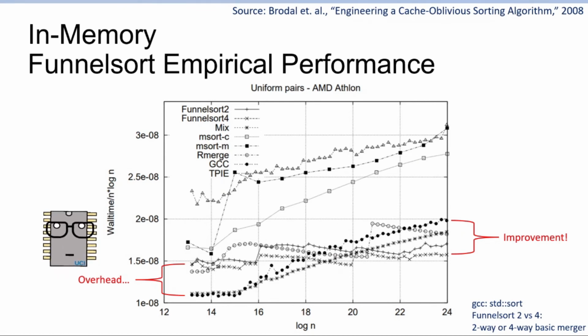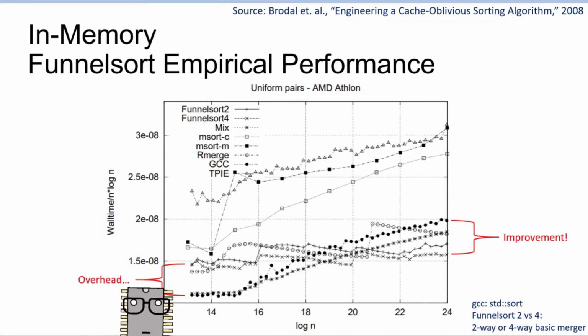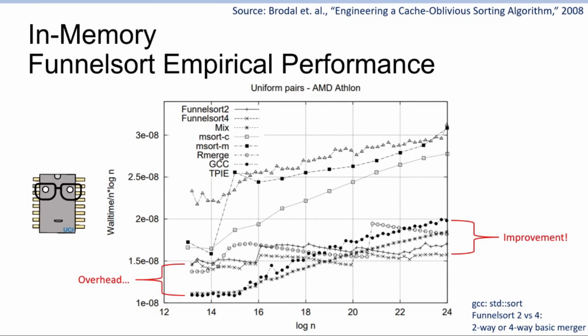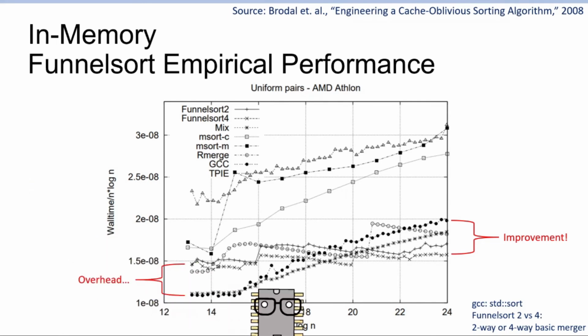if you compare against the sorting algorithm used in, I think this is GCC. Again, as usual, the x-axis is the size of the data set. Y-axis is the logarithmic wall clock time. So lower is better. So compared to the STD sort, which uses a hybrid sorting algorithm based on a couple of sorting algorithms, including insertion sort and quick sort and whatnot.